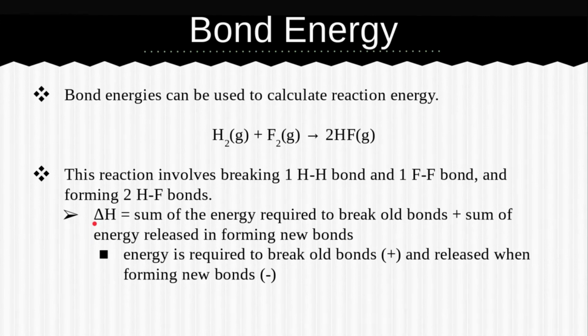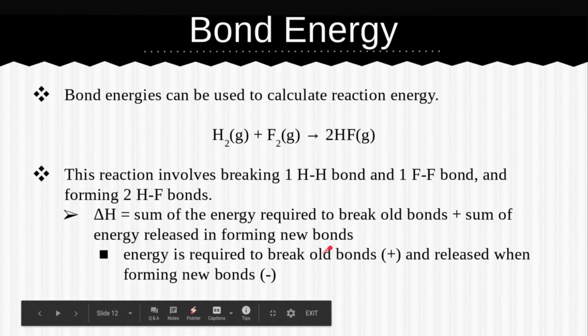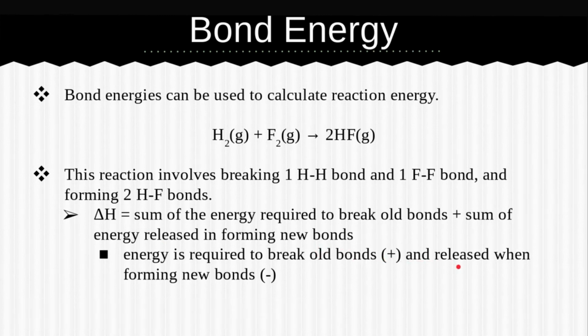We're just looking at how much energy is in this reaction. And remember that the energy required to break a bond is always going to be positive because we have to put work into it. But when we form a new bond, that energy is going to be negative because we're releasing energy. Energy is being given off.